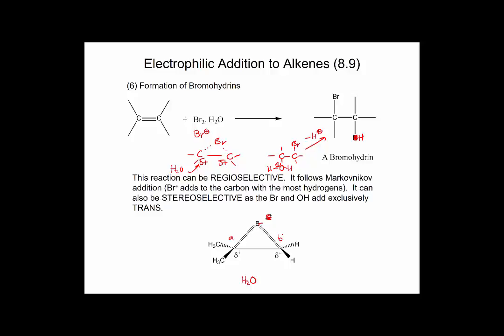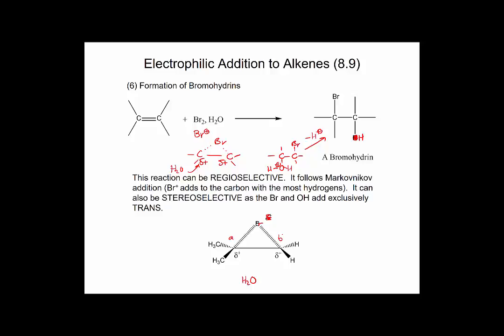I'm adding a big E plus. It is sitting over the carbons. The nucleophile is going to add to the carbon that's most substituted. In the end, what that means is the electrophile ended up on the carbon with the most hydrogens, and the nucleophile ended up on the most substituted carbon.